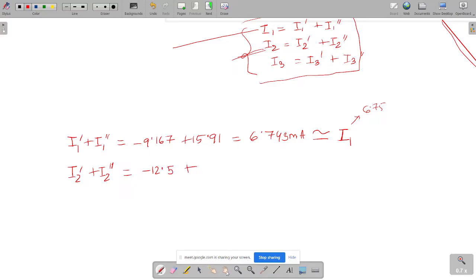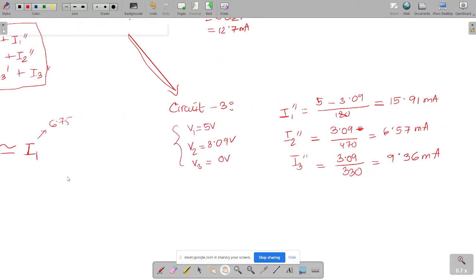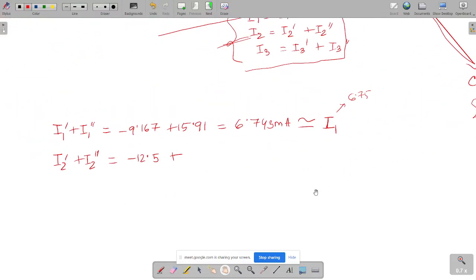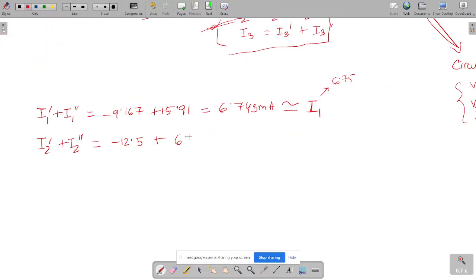And what about I2 double prime? 6.57 milliampere. So how much do we get? Minus 5.98. Okay, so this is our I2.